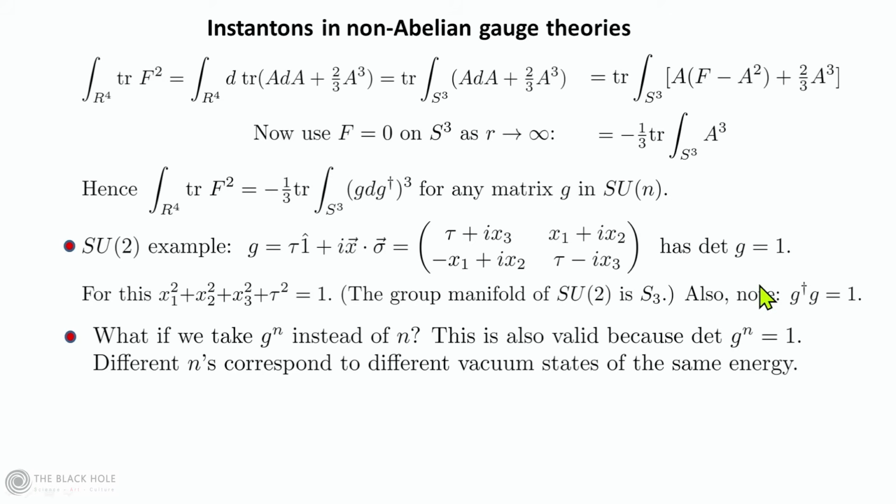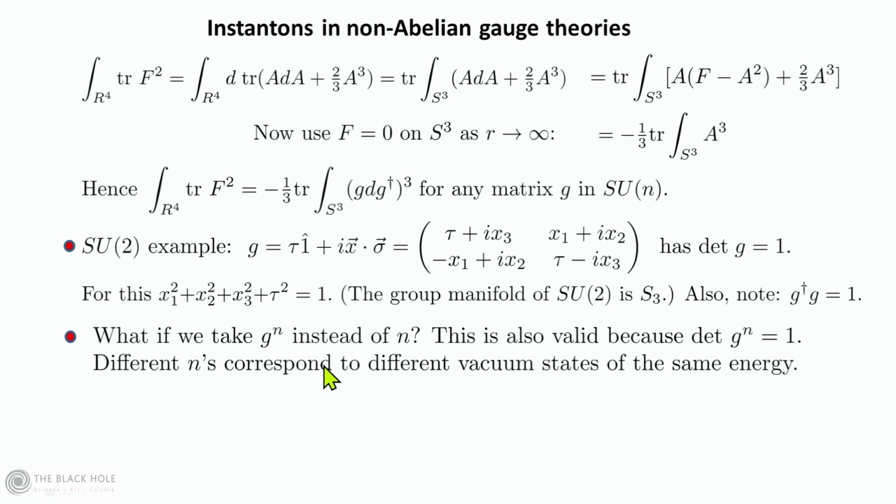But I could have taken not just this G, but G to the n instead. And remember, the determinant of a product is the product of the determinants. So the determinant of G to the n is also 1. Now these are different n's. They give you the same energy, but they correspond to different vacuum states.